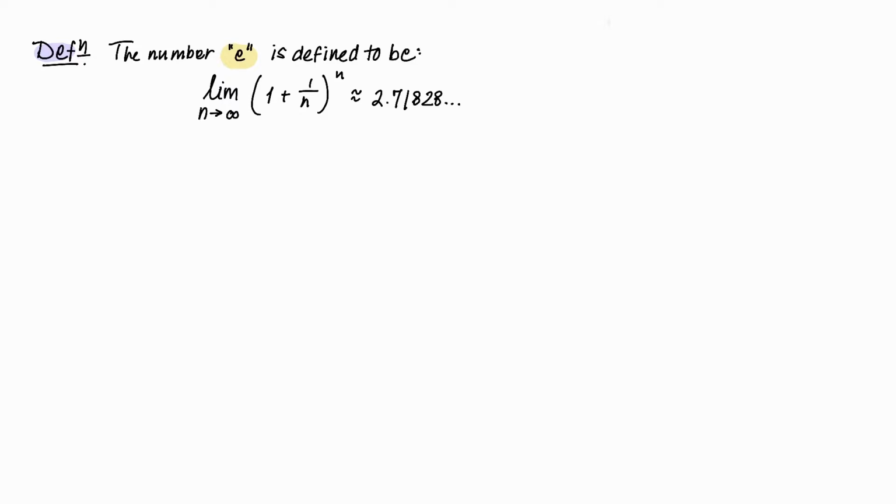Okay, so what this limit means is that as n gets very large, one plus 1 over n, raised to the nth power, gets closer and closer to the number 2.718, and so on.